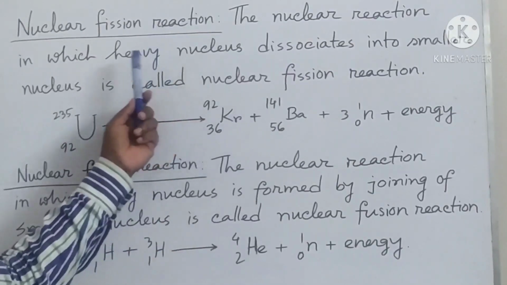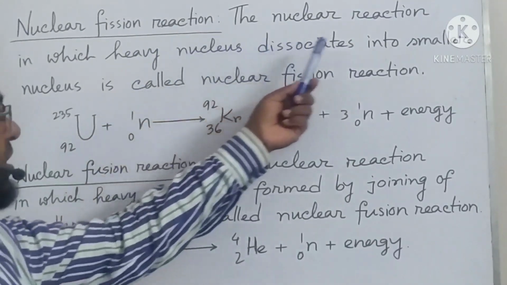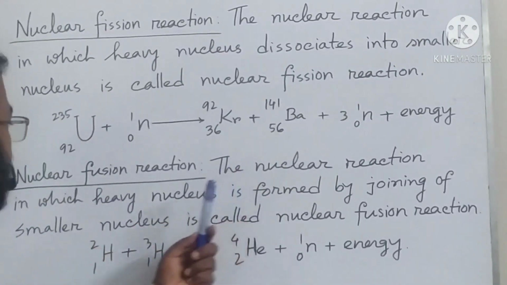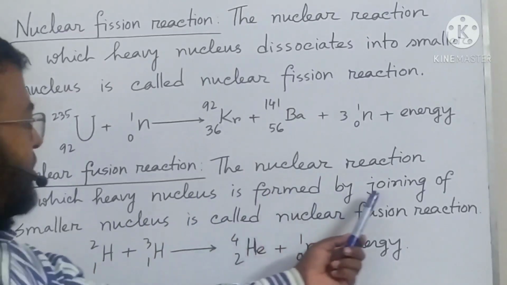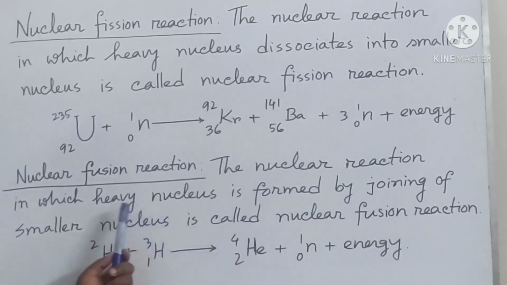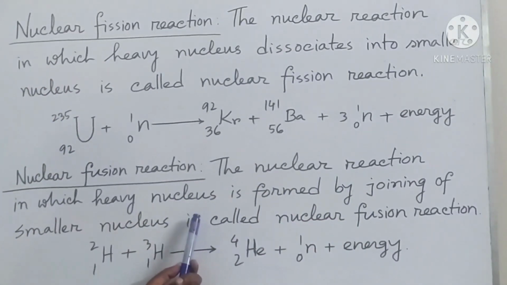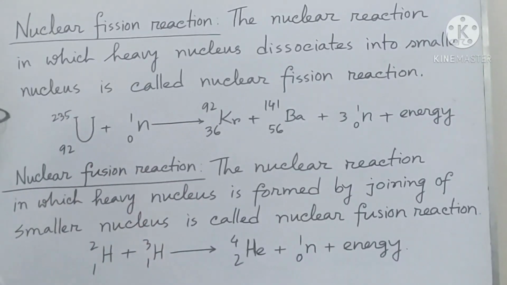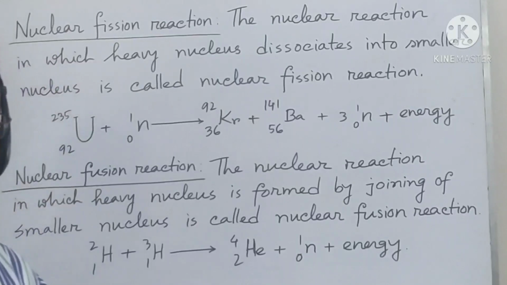In fission, a heavy nucleus dissociates into smaller nuclei, and in fusion, smaller nuclei join to form a heavy nucleus. This is the main difference between the two reactions. Okay, now everybody write it.